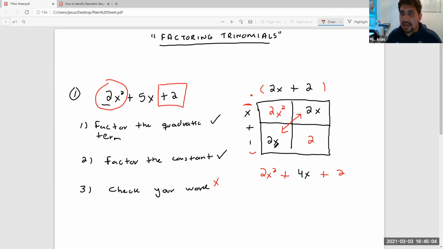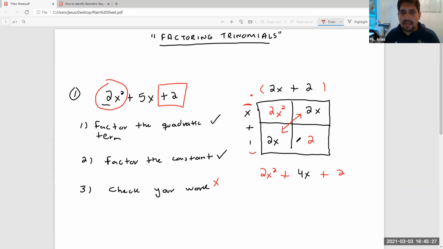This middle term is a 4x as opposed to a 5x, which basically means that something happened along the way. So if this happens to you, before you erase any work on the box, my recommendation is to change the position of the factors of either 2x to the power of 2 or 2. Just maybe swap them across the base and the height and see if that fixes the problem.